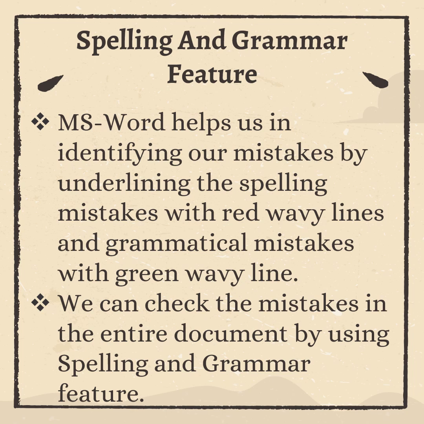Means the spelling mistakes in your document are underlined with red wavy lines, and the grammatical mistakes in your Word document are either underlined with green wavy lines or with blue wavy lines, depending upon the version of Microsoft Word that you are using. Clear? You can check the mistakes in the entire document that you have typed by using the spelling and grammar feature of Microsoft Word.